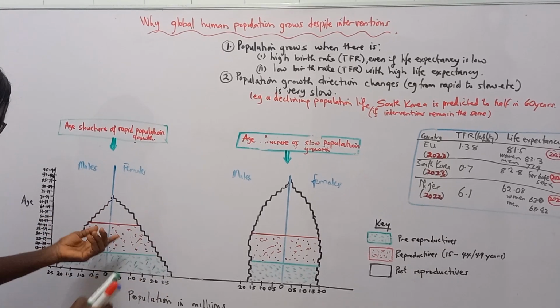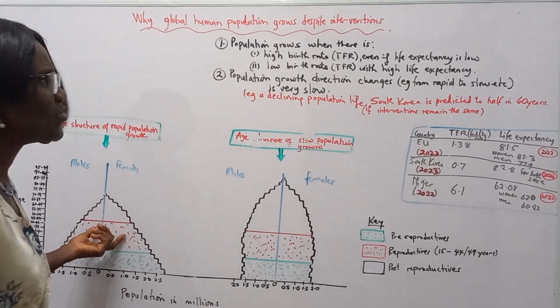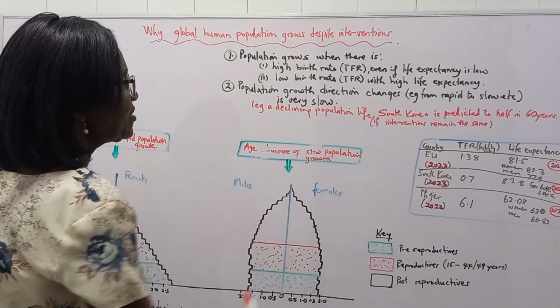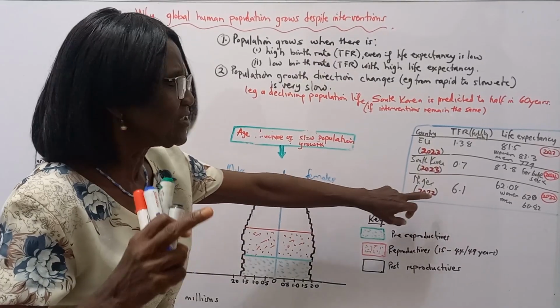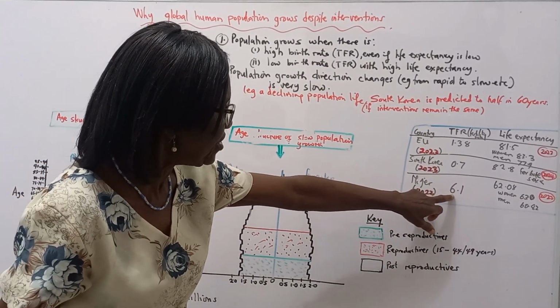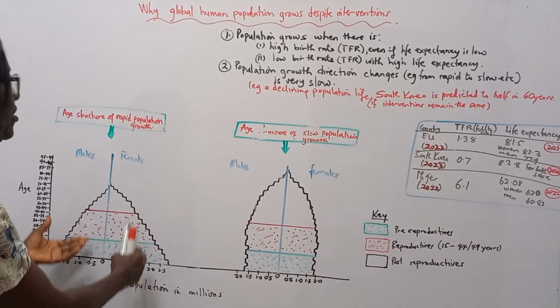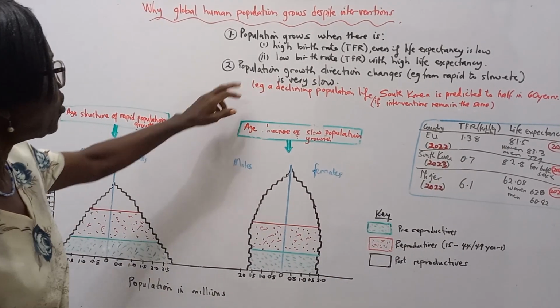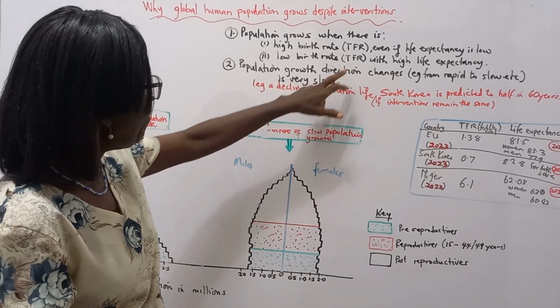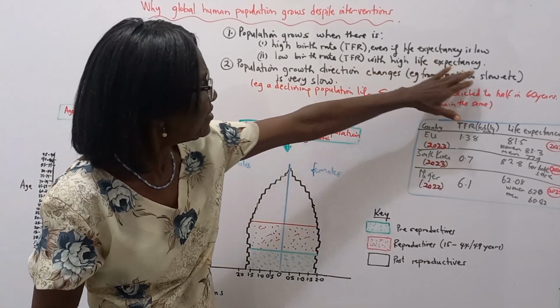This is a rapidly growing population. It will continue growing even though life expectancy is low. This is the situation of a place like Niger: high birth rate, low life expectancy, and yet the population is growing.